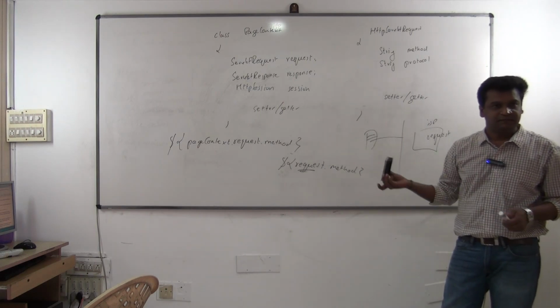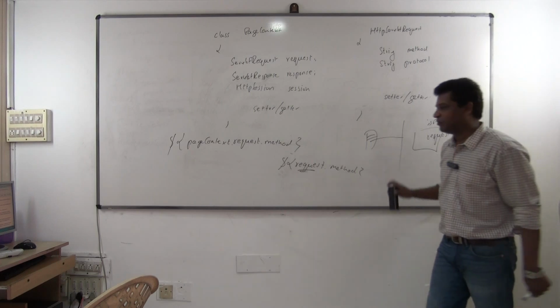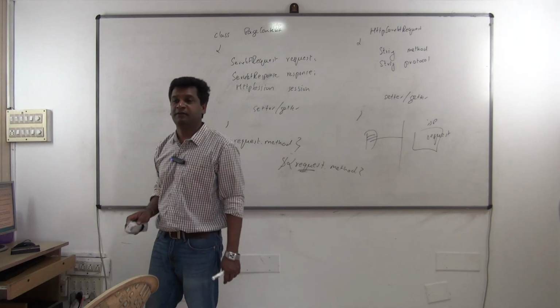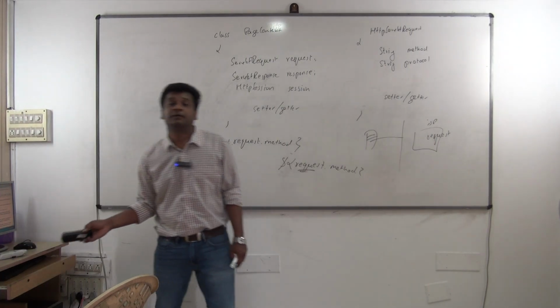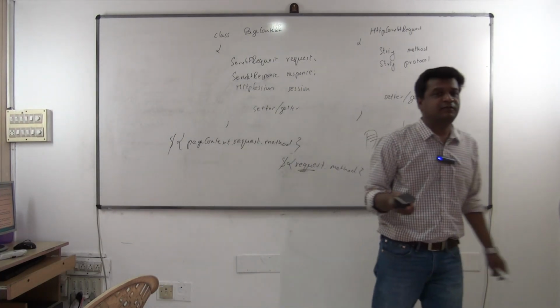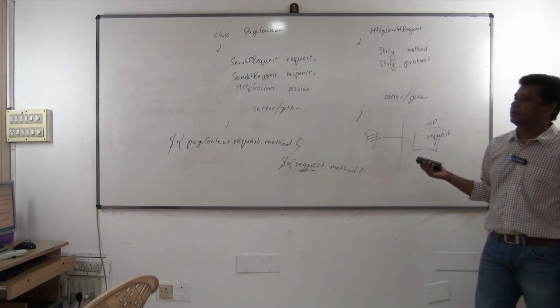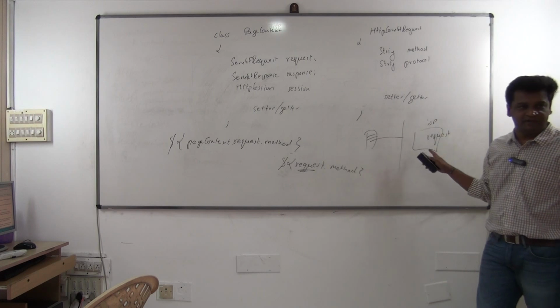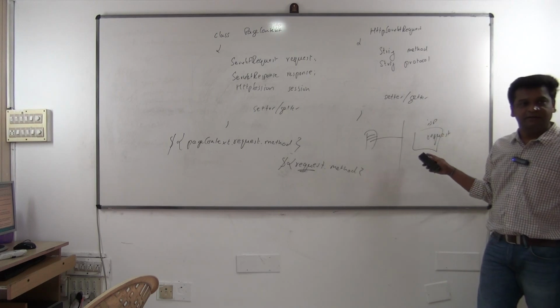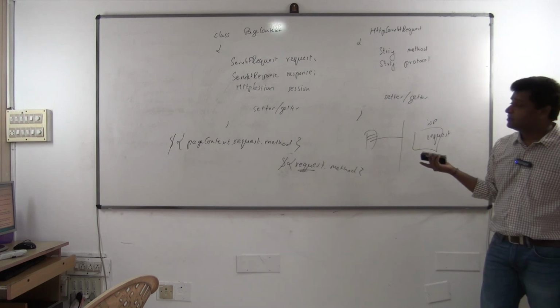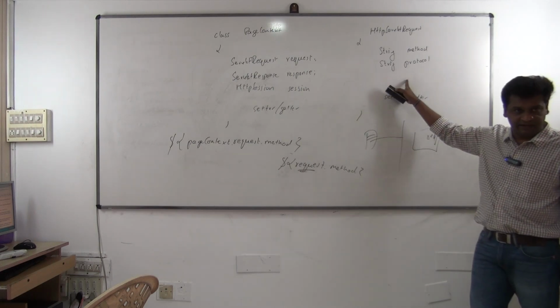Clear? Fine. So some header information we get with request.getHeader. Some information we get from the request object through pageContext, like this.